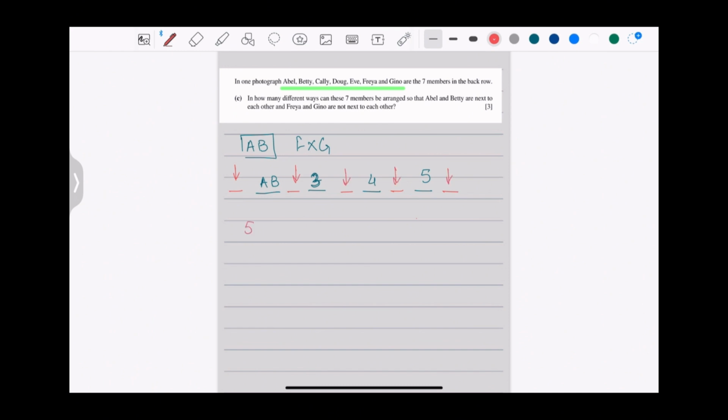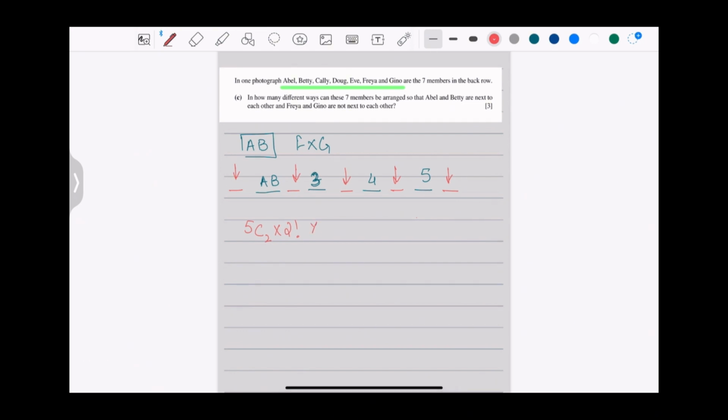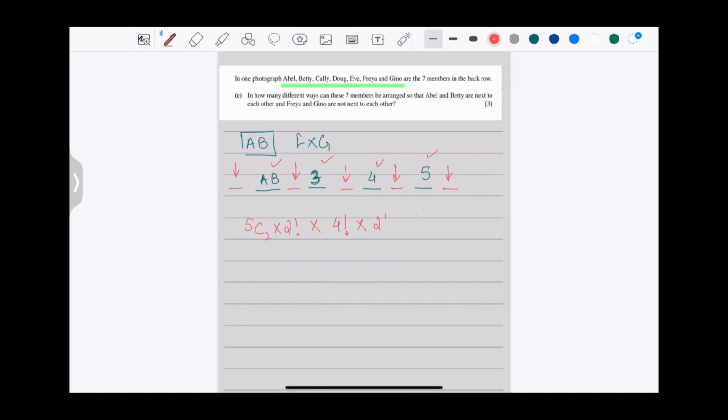So 5C2 times 2 factorial, because F and G can shuffle as well. Not necessarily F has to be on the first one and G has to be on the second. It could be either way. Now times, they can shuffle separately within those slots, 4 factorial, times A and B as well can shuffle, 2 factorial.